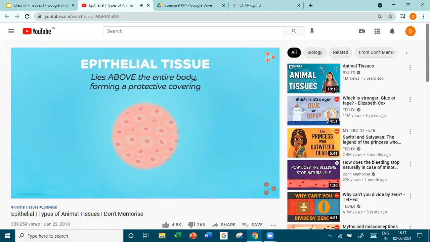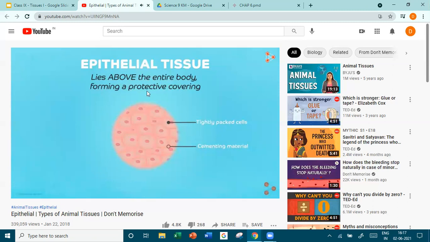Hence, we find the epithelial tissue to have tightly packed cells forming continuous sheets. The tissues lack intercellular spaces and has extremely small amount of cementing material. So every single substance that passes in or out of the cells needs to cross the epithelial layer at least once. Accordingly, the permeability of cells will differ in various epithelia depending upon the exchange of materials.